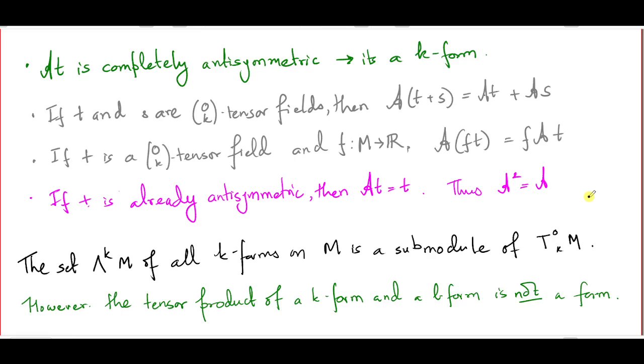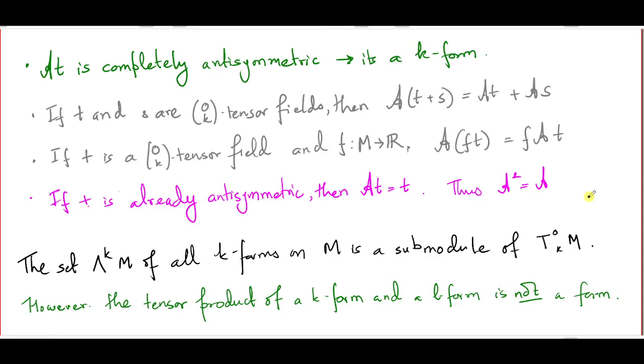However, the set Λ^k(M), which is a subset of all of these, the set of all k-forms, so not all smooth (0,k) tensors, but only the antisymmetric ones, it's easy to see that that set is closed under addition and so on, and actually they form a submodule. It's a module in its own right. As a result, the sum of two k-forms is a k-form. The product of a k-form with a function is also a k-form, and so on.